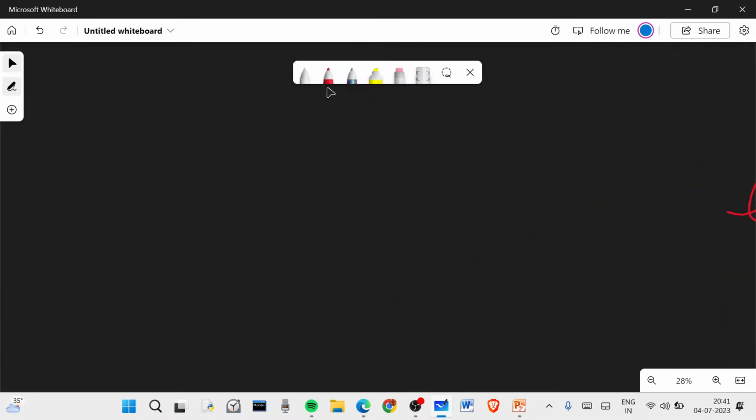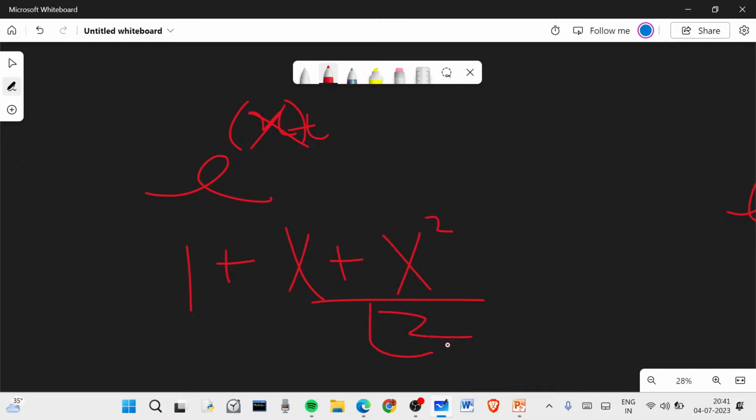So we would think in terms of a matrix, e to the power x, where x is a matrix. It makes sense because it's like 1 plus x square by 2 factorial plus x cube by 3 factorial, and a power of a matrix does make sense.